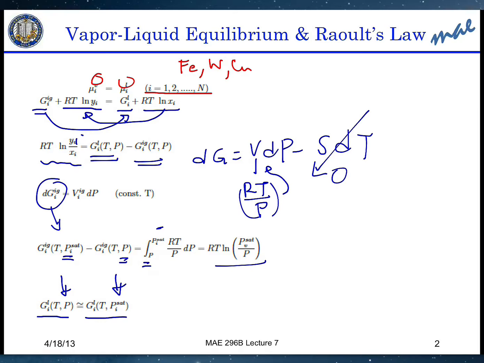Does anybody know why that is true? I wanted to just say that this is an approximation, of course, and we know that dG is equal to VdP. So if you want to get the change in the Gibbs free energy between two different pressures, say from P sat to P, then you should integrate it, right? Like what we did for the ideal gas.